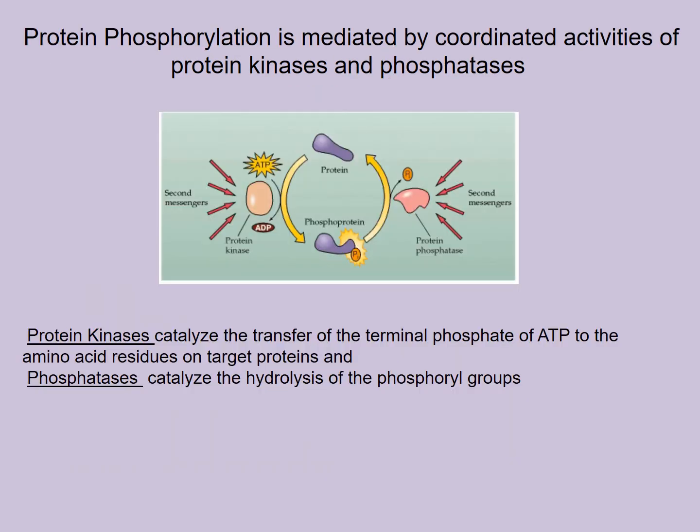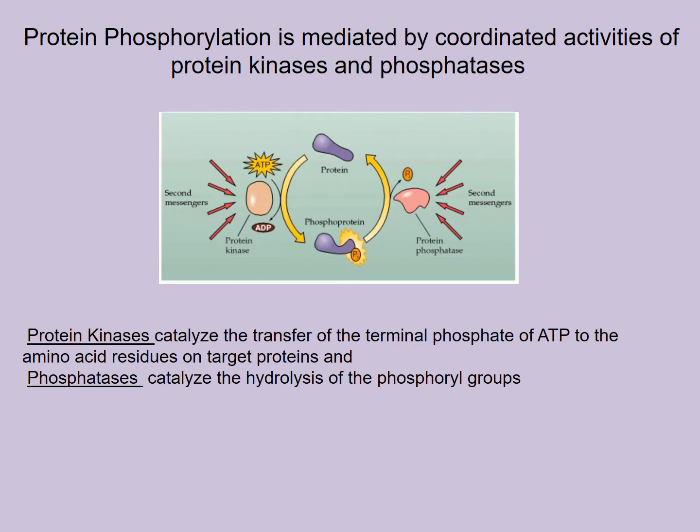Protein phosphorylation is the addition of a phosphate group on residues of certain amino acids inside of proteins, and it's mediated by coordinated activities between protein kinases and phosphatases. What protein kinases do is take ATP and add that phosphate, making a phosphoprotein. What phosphatases do is remove this phosphate as an inorganic phosphate and leave a non-phosphorylated protein.